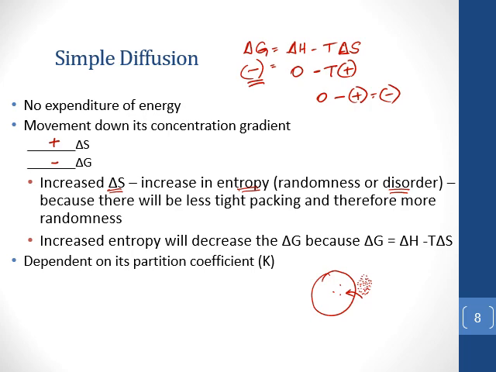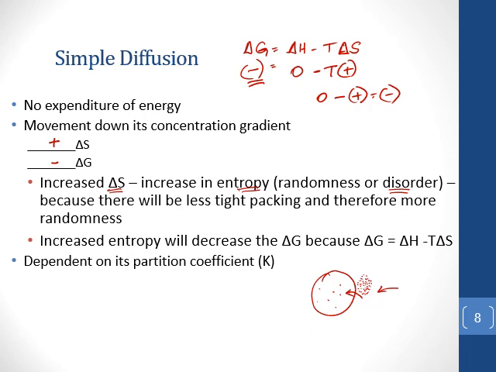We're going to see a big change in the packing here. We're going to get less tight packing over here. Now I know that you're going to say, well, but the more molecules you put in here, the more tight packing you're going to get. And eventually that's going to be true. Eventually you're going to get so many molecules in there that the packing over there is as tight as it is in the compartment where you started. But at least initially, that's not going to be an issue.